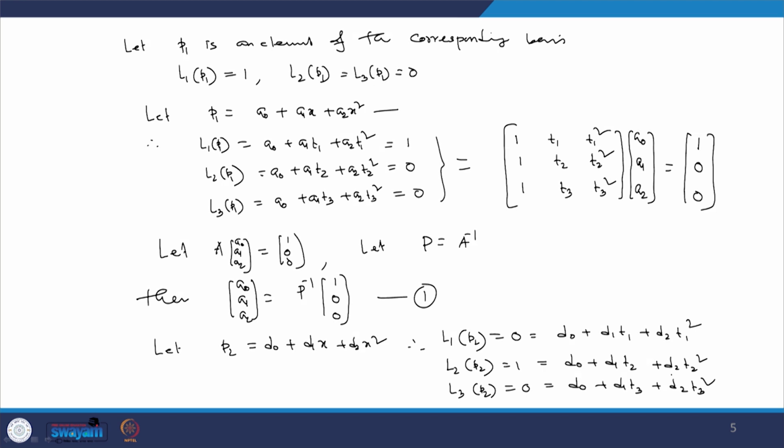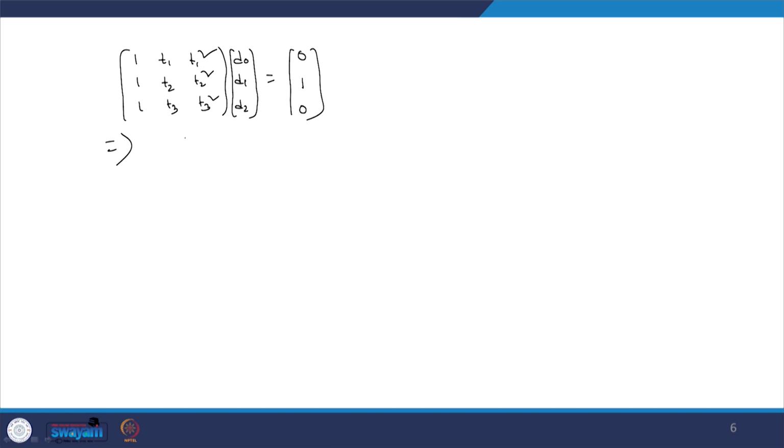Basically, I am getting the same matrix with rows 1, t1, t1 square; 1, t2, t2 square; 1, t3, t3 square, into d0, d1, d2 equal to 0, 1, 0. So, this implies the vector d0, d1, d2 is equal to P inverse into 0, 1, 0. So, I can immediately calculate the coefficients of P2 please.